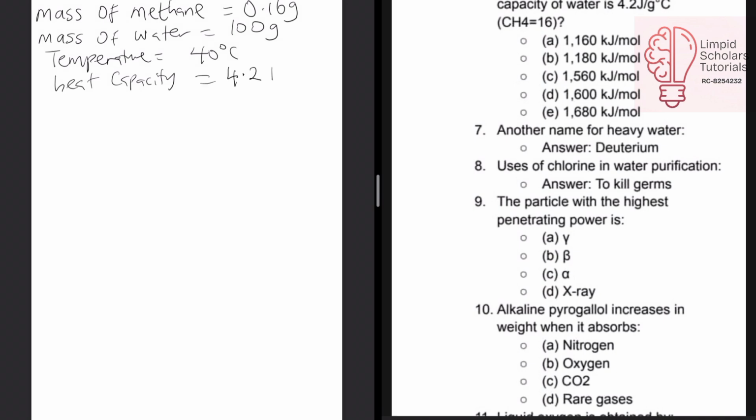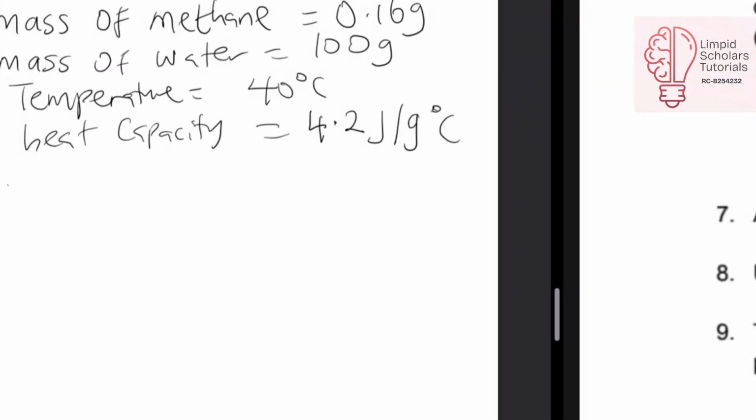4.2 joule per gram. So firstly, we'll be finding the heat energy absorbed by water, which is our Q, equals MC change in theta.